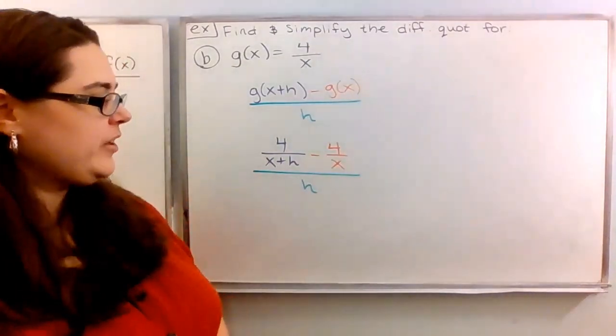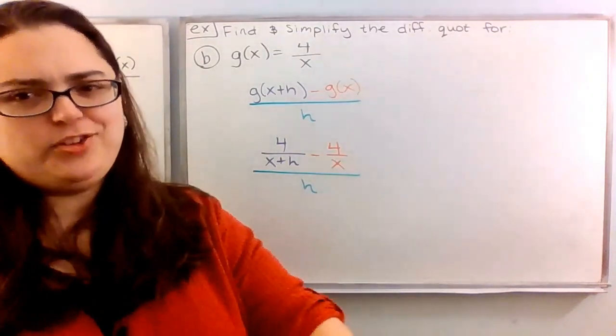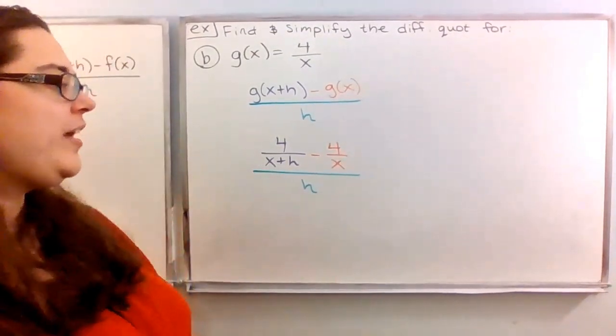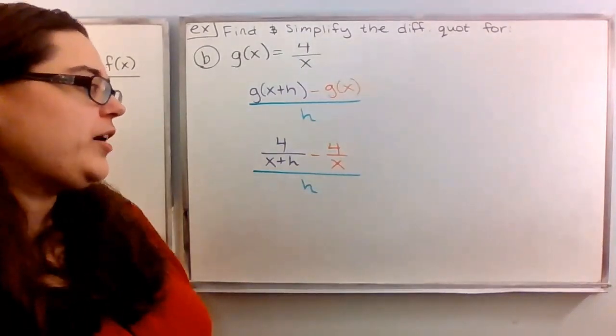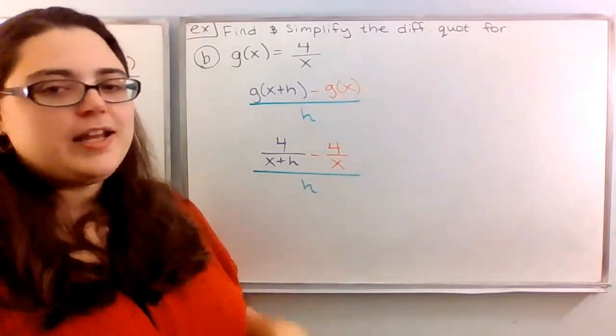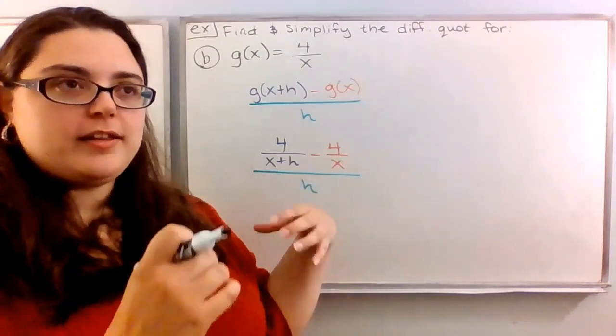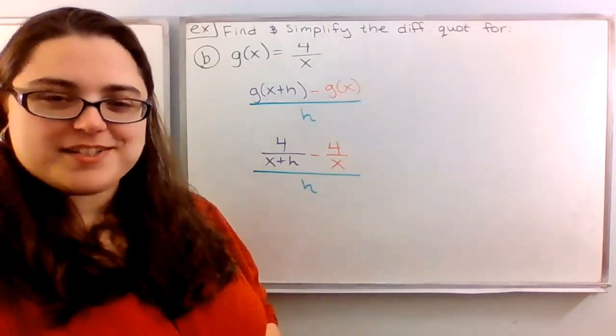Okay, now we simplify. Simplifying is the super fun part of this one. There are a few different ways you can simplify this complex fraction, but in this case, what I'm going to do is multiply the big numerator and the big denominator by the common denominator of the little denominators.